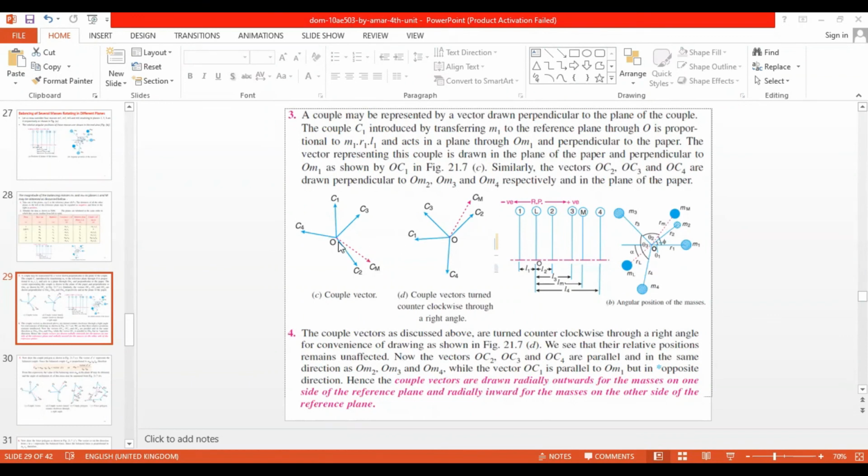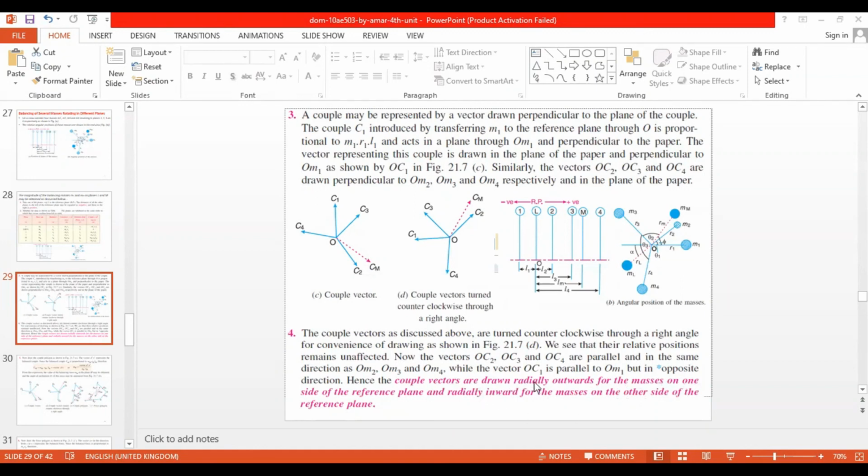It is mentioning only the plane. OC1 is parallel to OM1, but in the opposite direction. Hence, the couple vectors are drawn radially outwards for the masses on one side of the reference plane and radially inward for the masses on the other side of the reference plane.